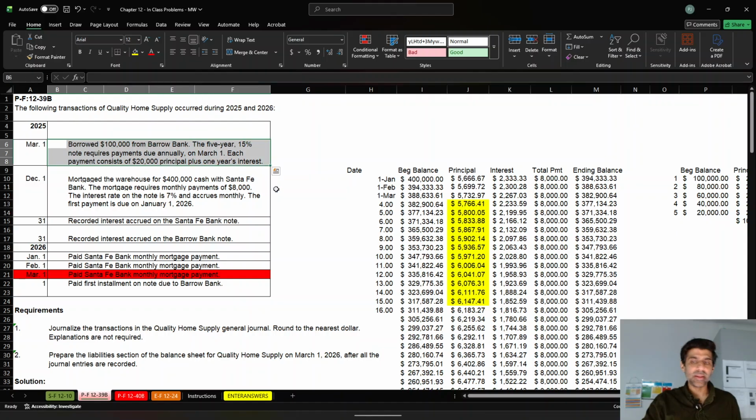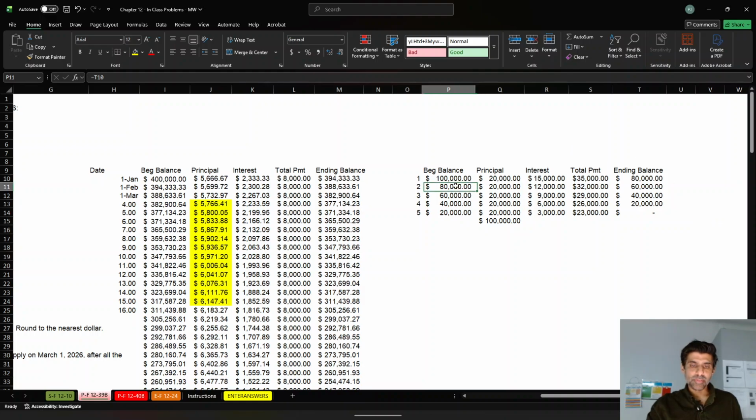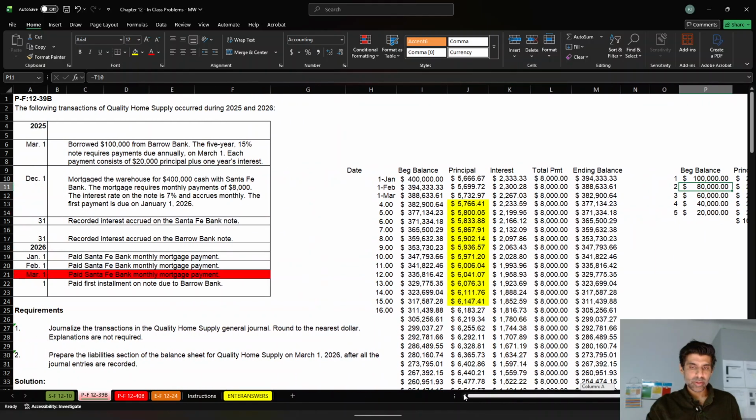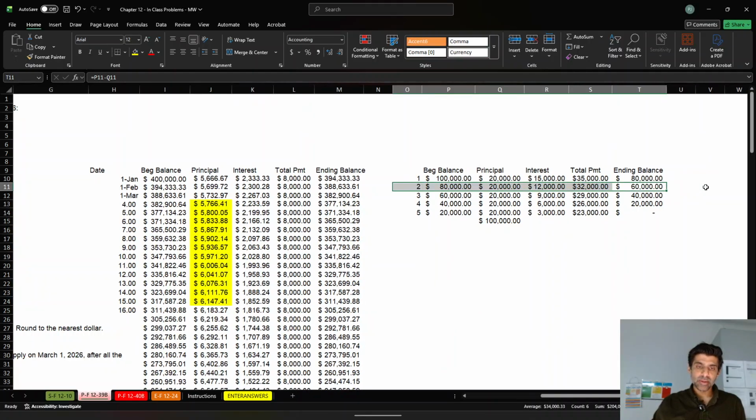If you remember back, we had just this straight loan here. And so this is on March 1st, we make the payment, and so we're basically at the second line here.